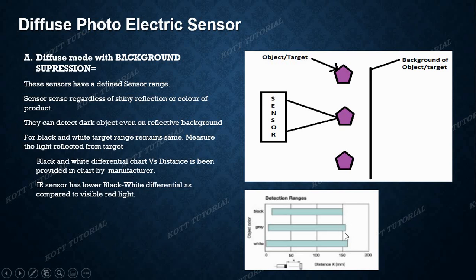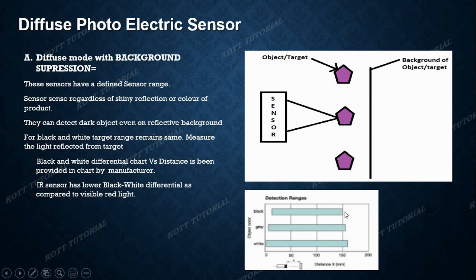Means a sensor may even give multiple pulses for a single product, or it may not give any pulse. So never use a product at a cutoff range of any sensor, not only for this type, for any sensor.